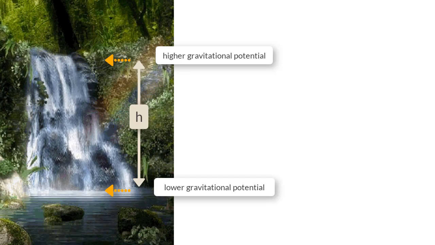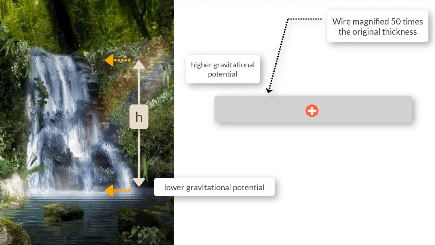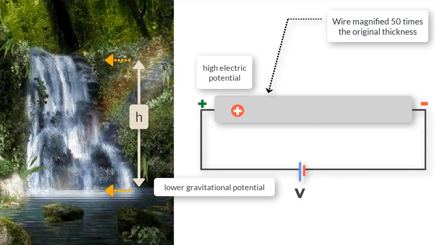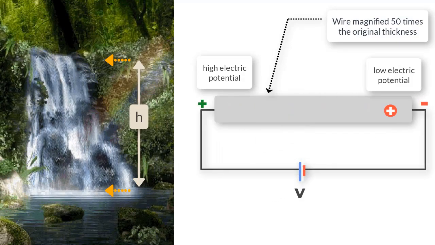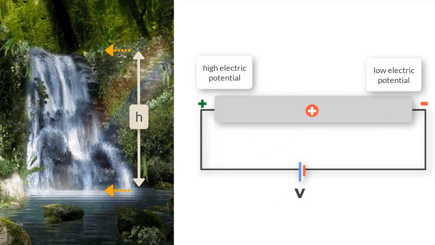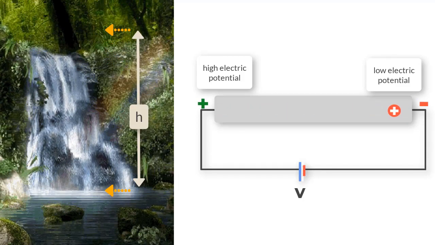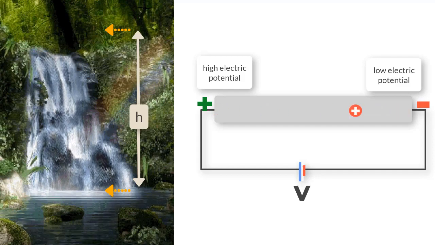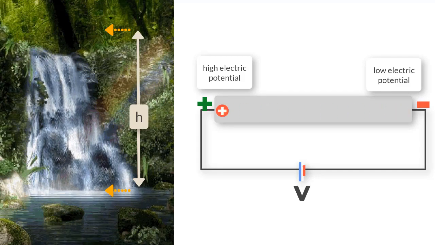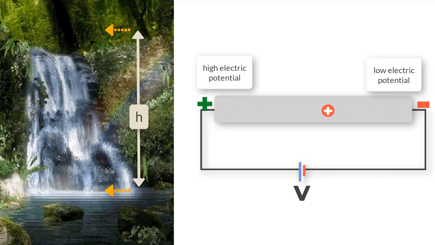Quite the same way, electric current or the charges flow from a place of high electric potential to a place of low electric potential. So more the difference in elevation, faster the flow of water, and likewise more the difference in electric potential, more the flow of charges or current.